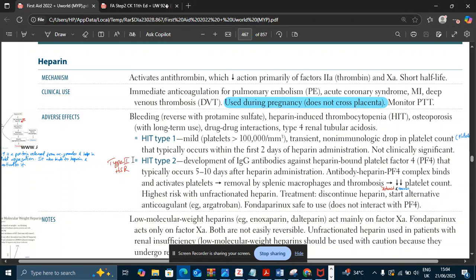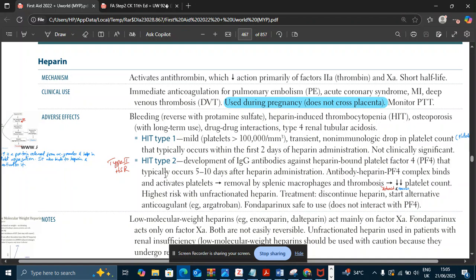Heparin induced thrombocytopenia is more commonly observed due to unfractionated heparin. Okay, we have talked about the difference between the low molecular weight and unfractionated heparin. Here I'm again repeating that unfractionated heparin has more molecules than low molecular weight heparin.